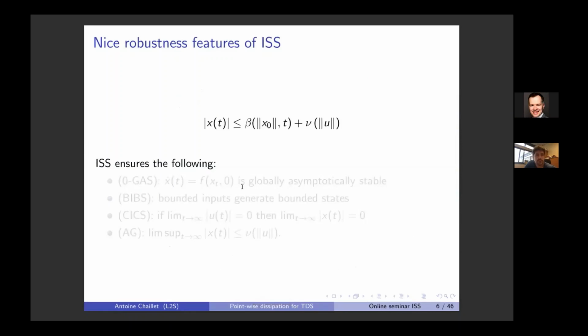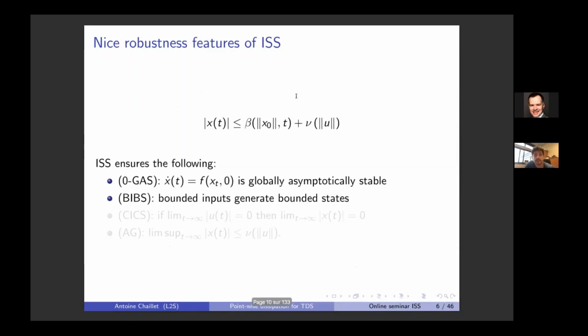So what is cool about ISS is that not only does it provide zero GAS, meaning that the system without input is globally asymptotically stable, but also some robustness properties. For instance, we see straightforwardly from here that whenever the input u is bounded, well, the solution is bounded too. And we can also check that when the input vanishes, tending to 0, this ensures that the solution itself will tend to the origin.